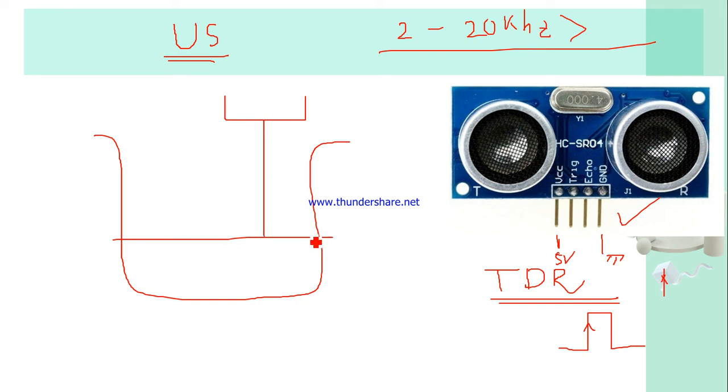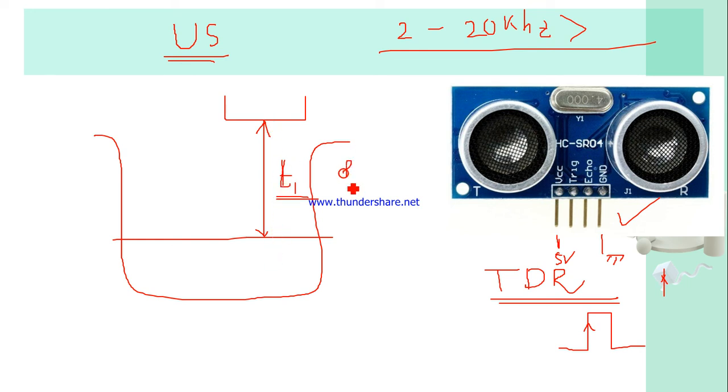So this time of flight, starting from the transmitter, coming to the liquid level, reflected back and going to the receiver, is called the time of flight T1. If you can find out that one, then you can find out the distance of this height.